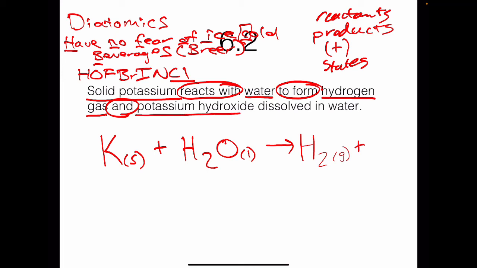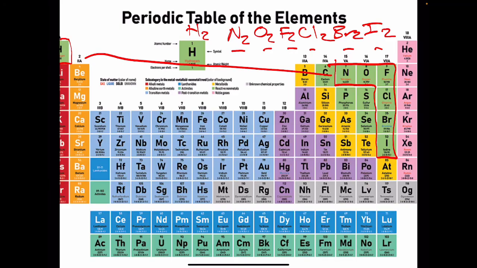Potassium hydroxide. This goes back to last chapter when we were taking the names of these compounds and putting them into their chemical formulas. We know potassium is K. Hydroxide, if we look on our polyatomic ion list, we will see that that's OH. Now we need to look at the periodic table to get the charges.